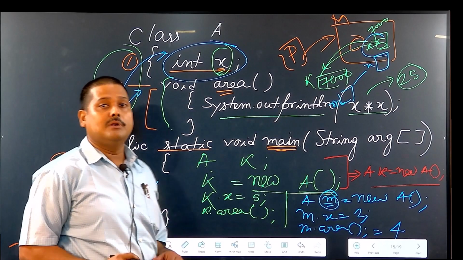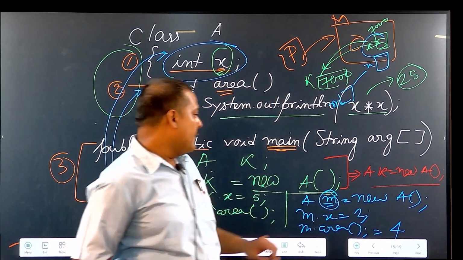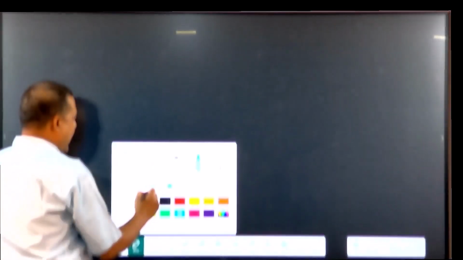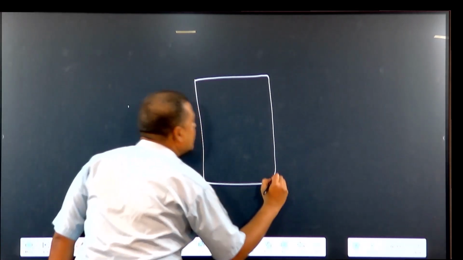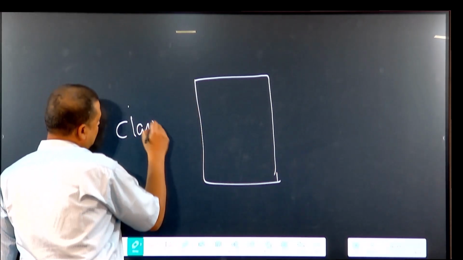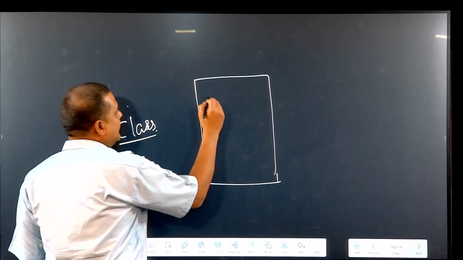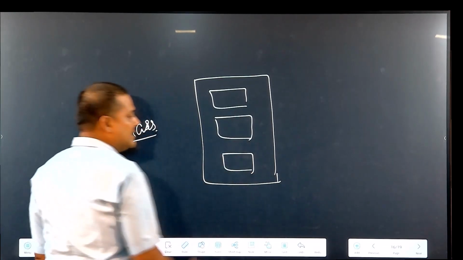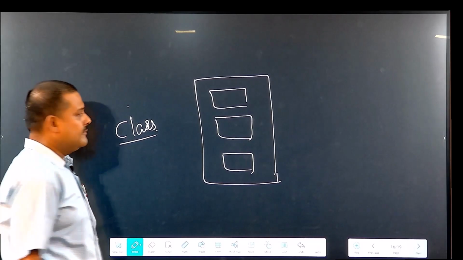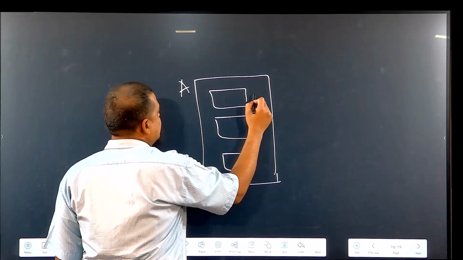How is it possible? To make restrictions in Java, to keep the data secure, we have one architecture. Let's have a look at the architecture. Say for example, this is a class, and this is a class. First go through the architecture, or the structure of the design. In a class there can be multiple members, so I can say this is class A and this is a member, say for example m1.